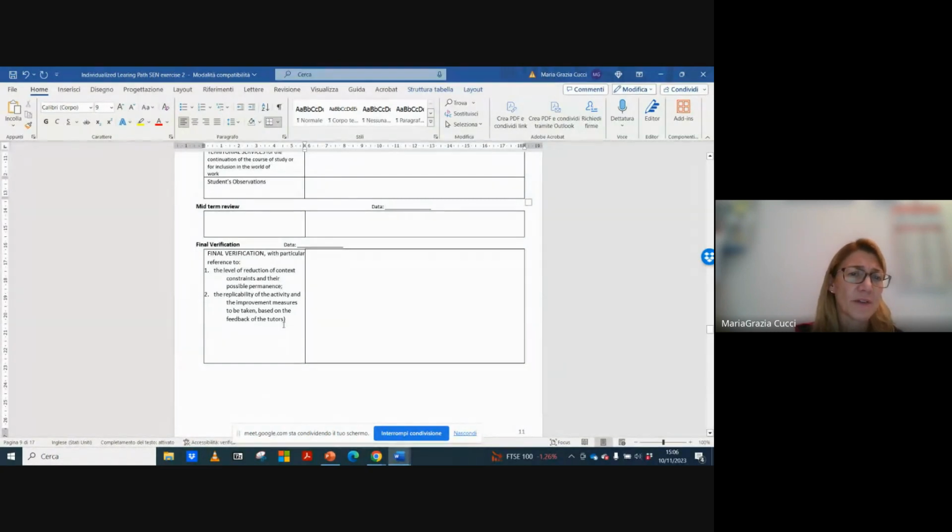And then to have the final verification. This final verification is always a very important part of the project, because it is very important to understand whether you can do this project again, you can replicate it, you can modify it, and how.